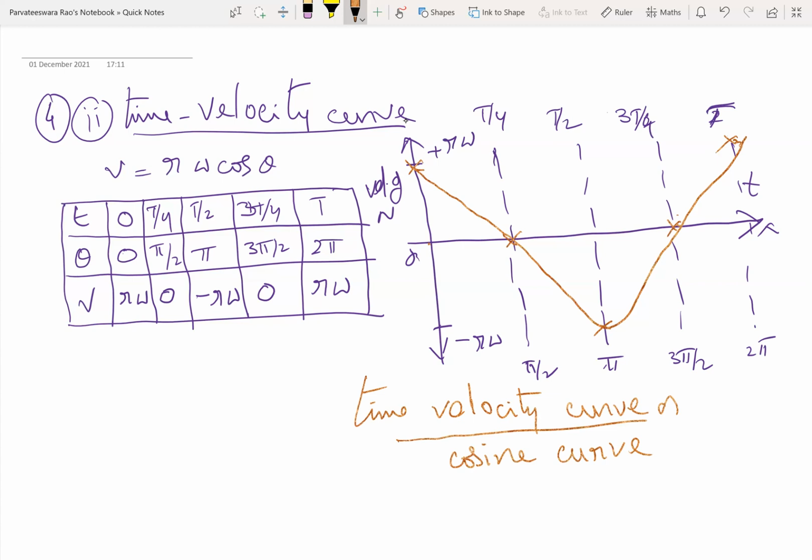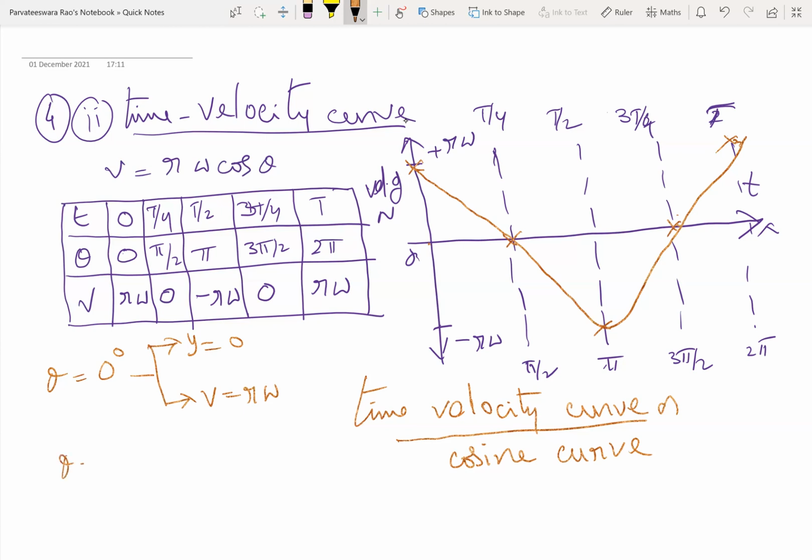And if you see carefully, for theta is equal to 0, displacement is 0, but velocity is R omega.